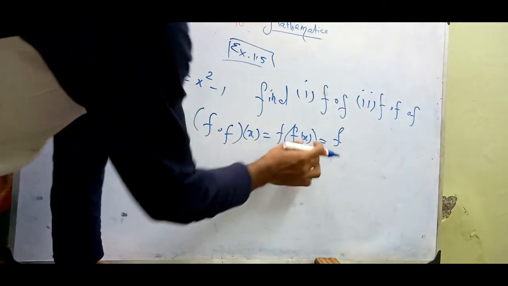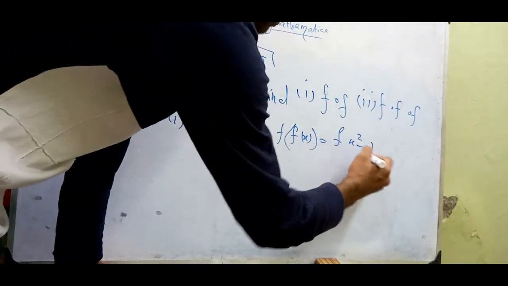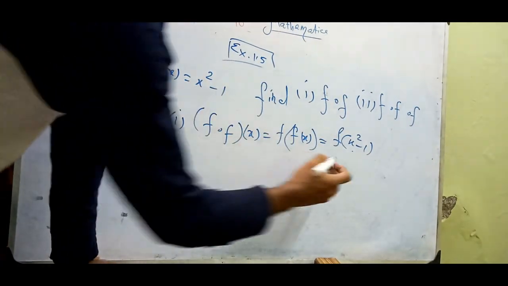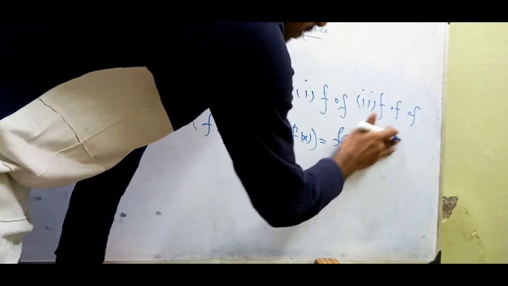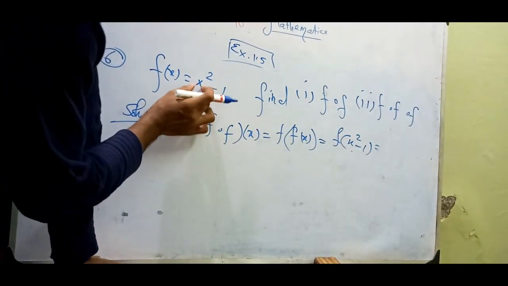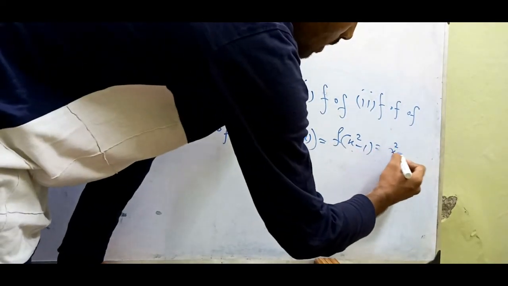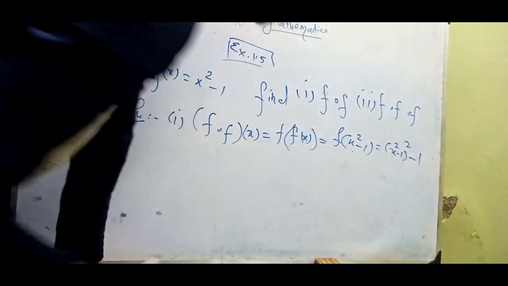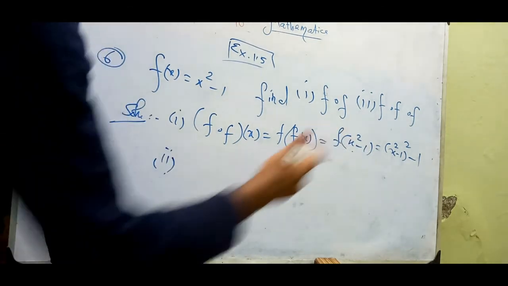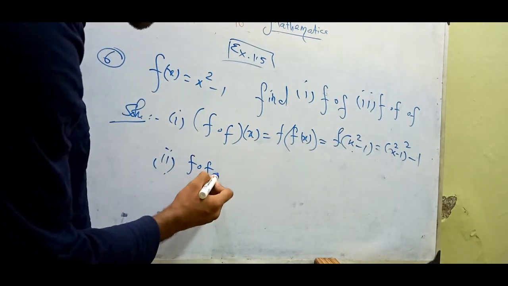So what is f of x here? x squared minus 1. Again you have to substitute this thing instead of x in the f function. So substitute x squared minus 1 in x, it will look like x squared minus 1 whole square minus 1. Got it? Now for the second one, if you want to expand it, or else no need.